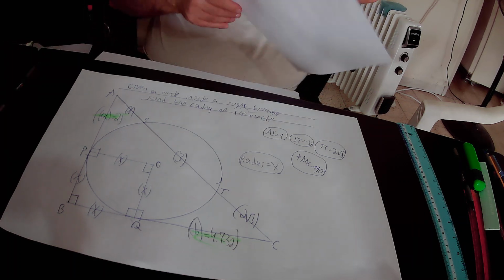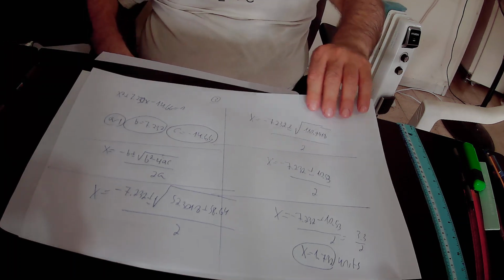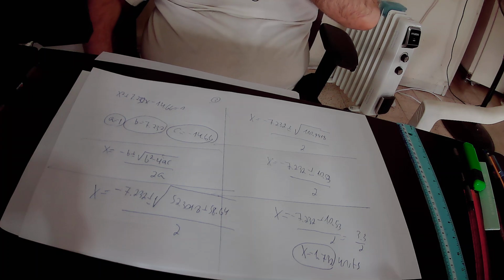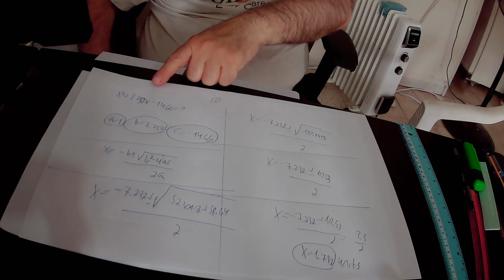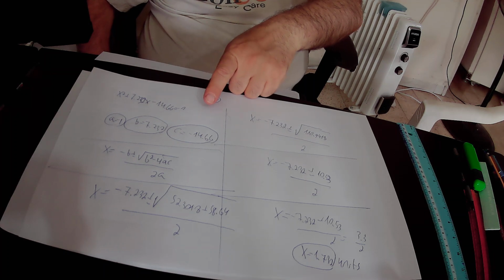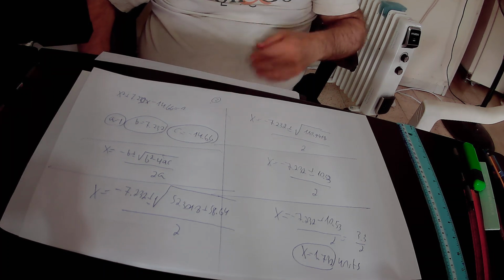So in our specific quadratic equation, that is x squared plus 7.232x minus 14.66 equals 0, the coefficient a equals 1, the coefficient b equals 7.232, and the coefficient c equals minus 14.66.